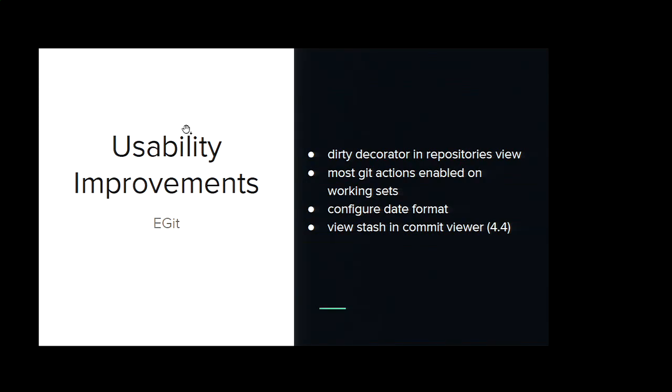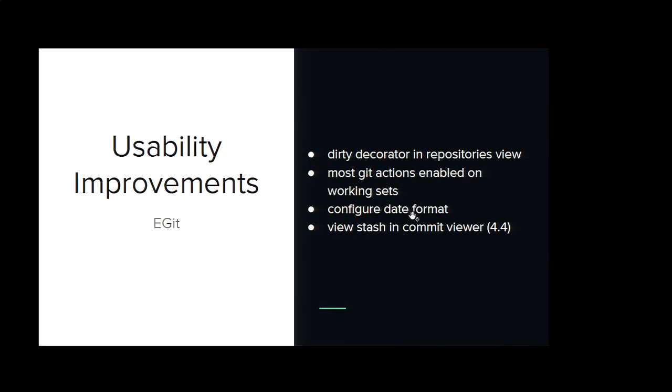We did a lot of usability improvements. We now also have a dirty decorator in the repositories view. So if you have any modifications in the repository, you immediately see that in the repositories view. Most of the Git actions are now also enabled on working sets. So if all projects in the working set come from the same repository, you can also do the actions on the working set.